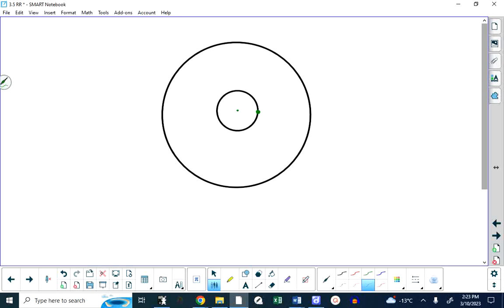Who can explain to me why the area will be increasing at that point in time when the ripple is that big, but it will be increasing more? The rate, the dA/dt here of the circle will be bigger than the dA/dt here.